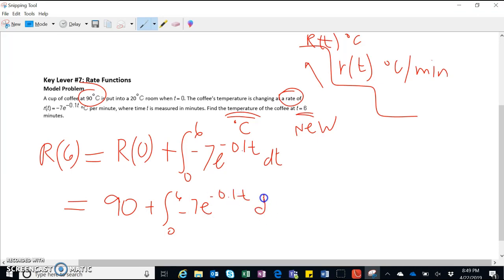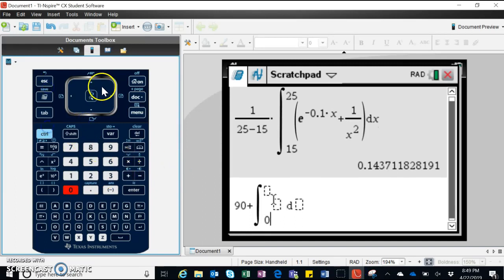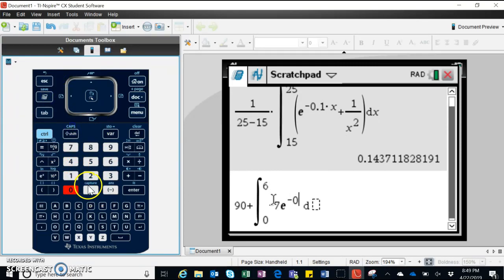And what I would do is just type this whole thing on my calculator all in one line. That's going to be 90 plus my change, which we say is the integral from 0 to 6 of, if I get this right, negative 7e to the negative 0.1 t, x, whatever variable you want, your calculator will understand as long as they match here.